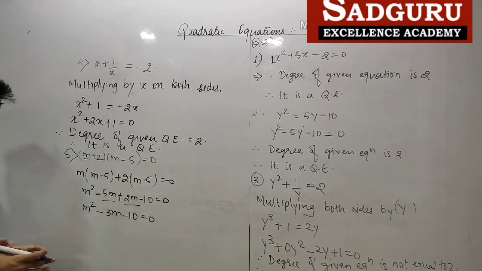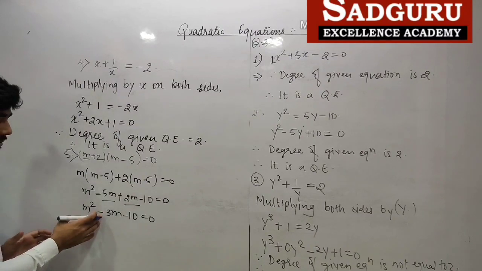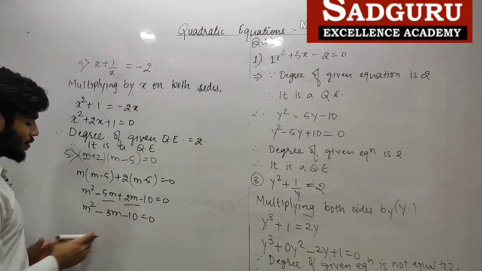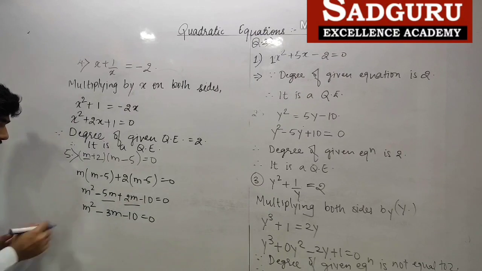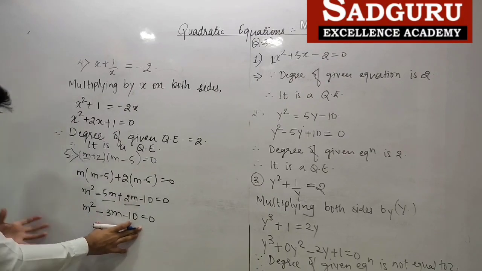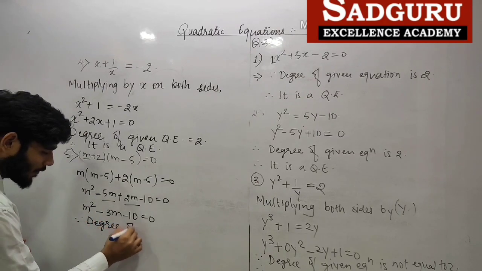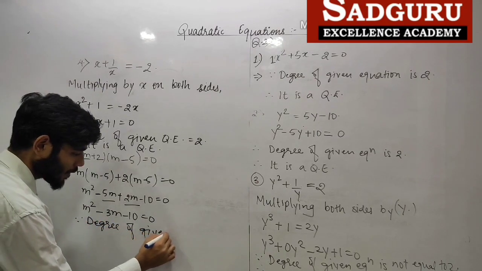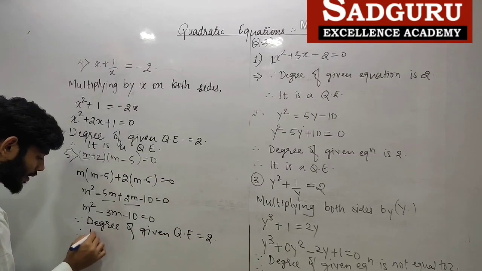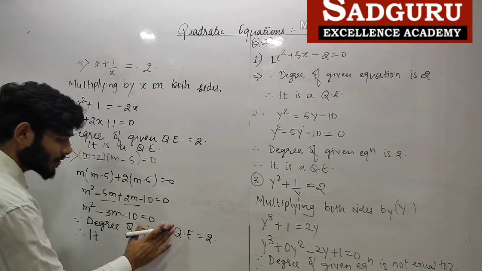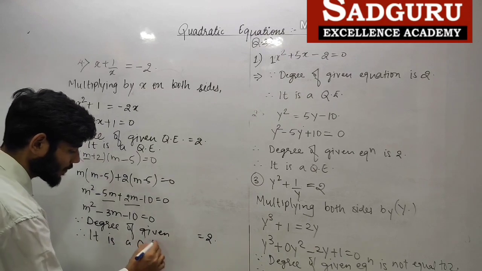So this is already in the general form of quadratic equation, because here we have am square plus bm plus c equals 0. The variable can be anything, x, y, z, m, anything. Here we have degree 2. So since the degree of the given equation equals 2, therefore it is a quadratic equation.